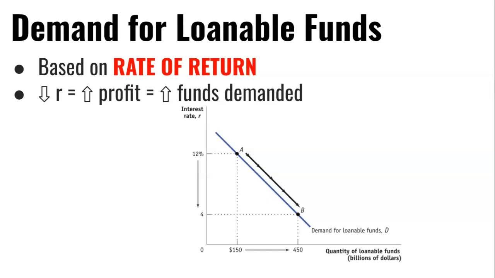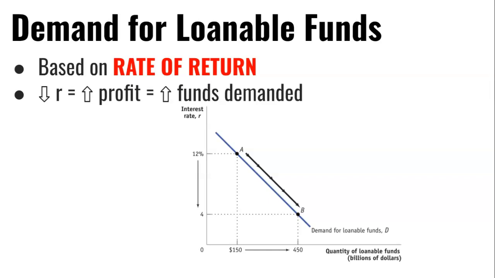So if the interest rate is 12% to borrow, then only some investments by businesses, for example, are going to earn at least a 12% rate of return, and therefore very few projects are worth borrowing money for at a 12% interest rate, and so less loanable funds are needed.